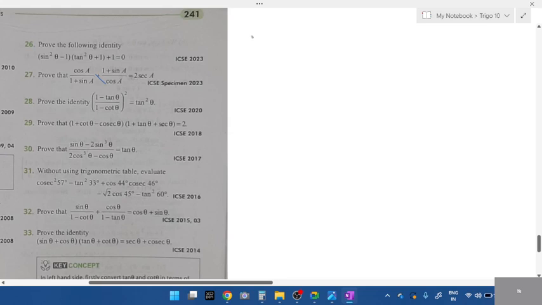Copy this question, the 31st one. All of you first copy the question: cosec square 57 minus tan square 33. I'll teach how to solve it. It was given in 2016, but still we'll do that.